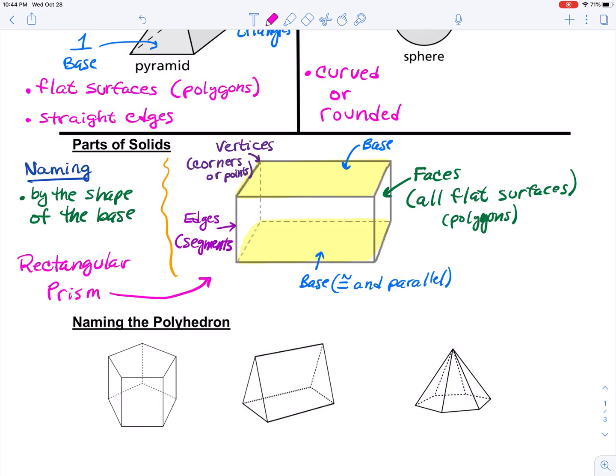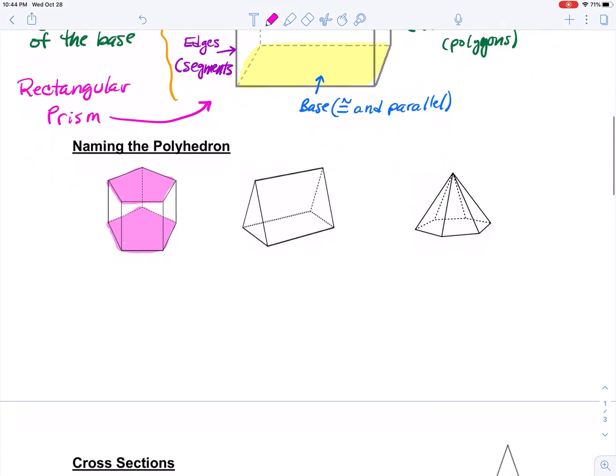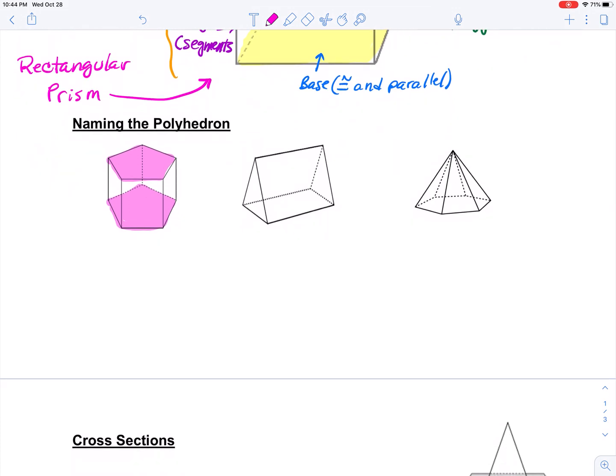Okay, so let's try naming some of these. Again, it might be helpful to shade in the base. And I do have two of them. So the shape of the base is a pentagon, and since I have two congruent parallel bases, it is called a pentagonal prism.